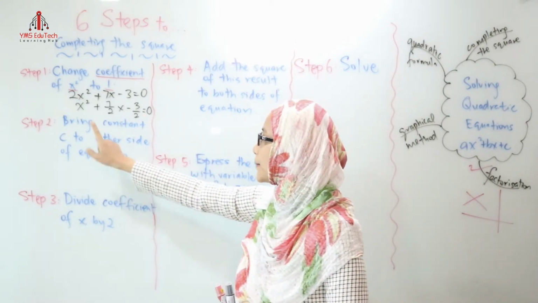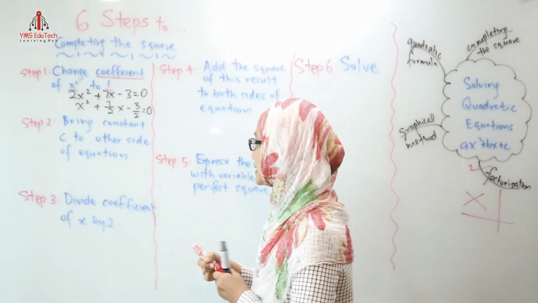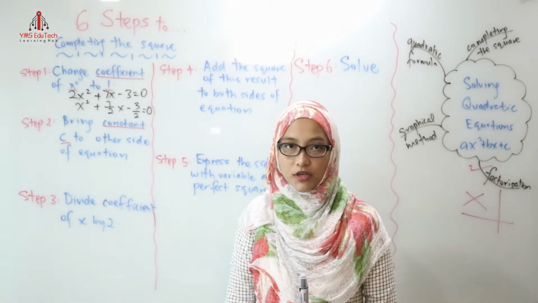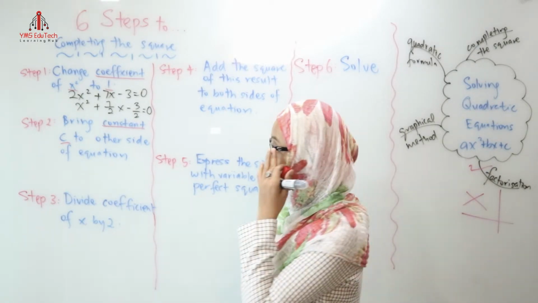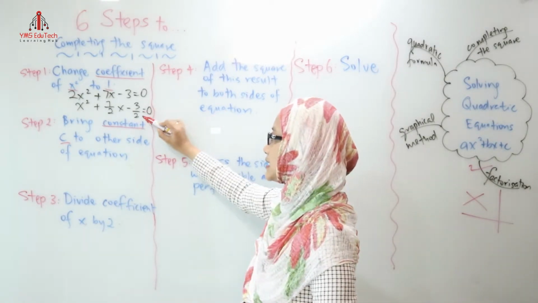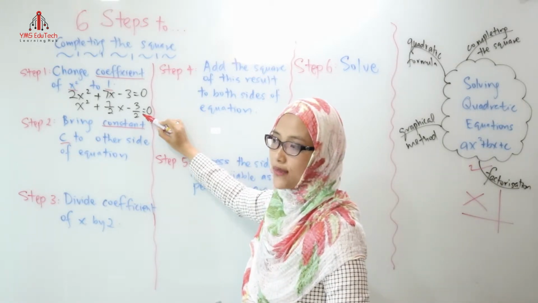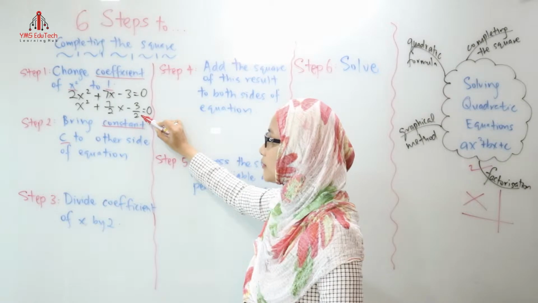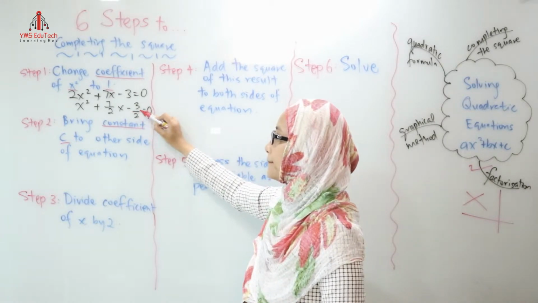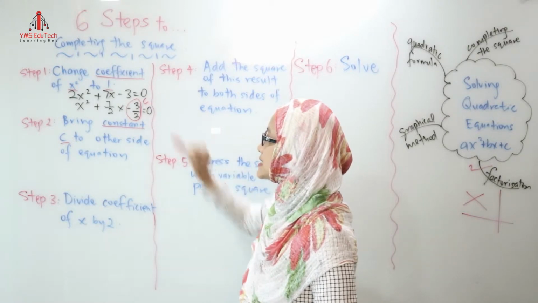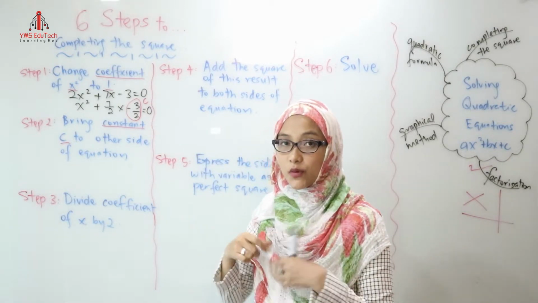Step 2, bring constant c to the other side of the equation. What is constant c? Constant c is the term without x, or the term with x to the power of 0. That will be minus 3 over 2. This minus 3 over 2 is what we call constant c. What are we supposed to do to it?